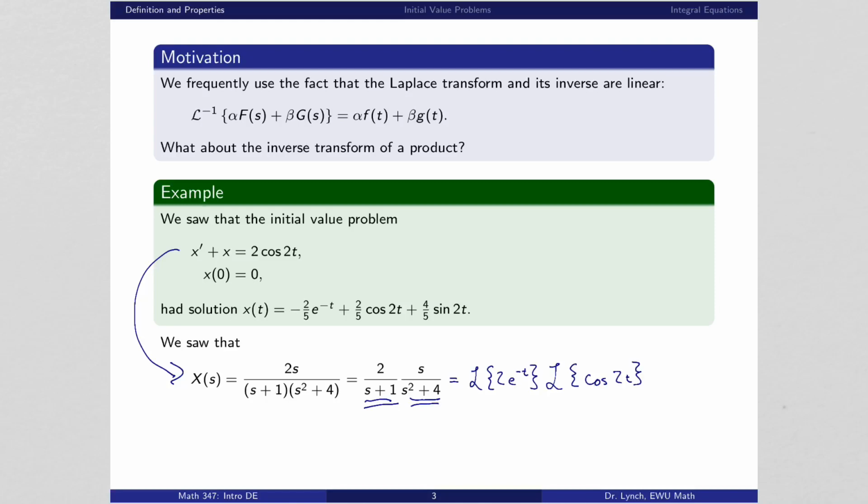In other words, the transform of the solution is the product of two transforms we know, namely 2e to the minus t times the transform of cosine t. Now, of course, the inverse transform is not the product of those transforms, so you can see right away that products invert differently when it comes to the transform.